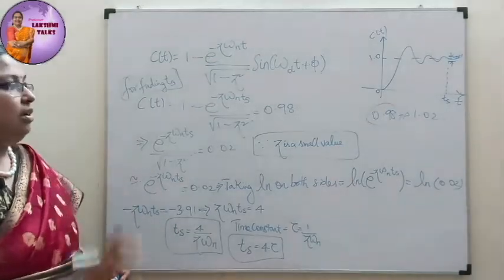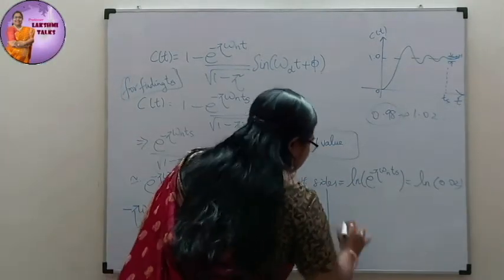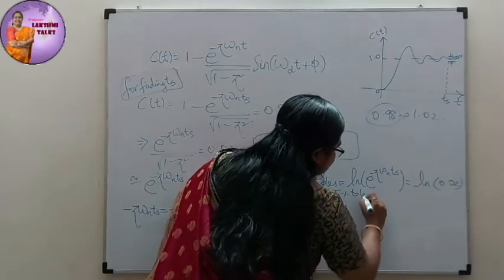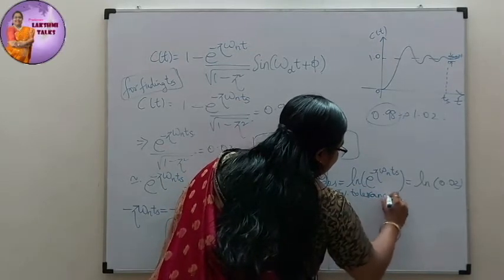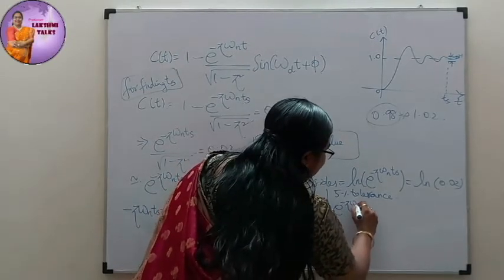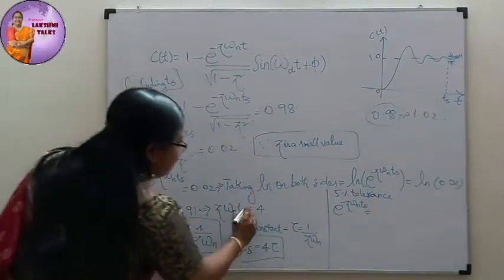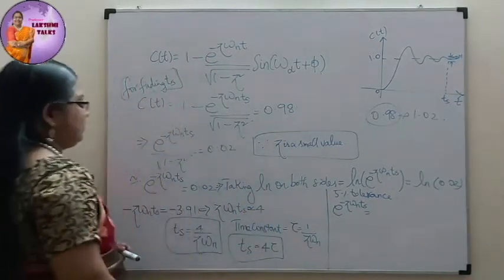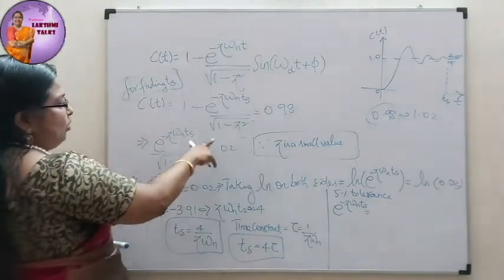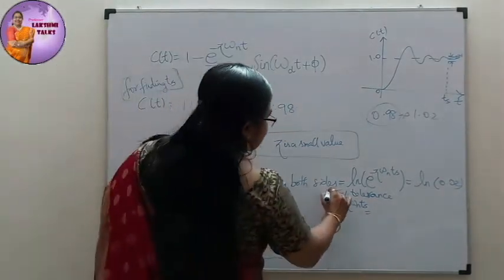Similarly, in the case of a 5% tolerance band, what happens? For 5% tolerance, e power minus zeta omega n Ts by root of 1 minus zeta square will be 0.95 for plus or minus 5% tolerance band.